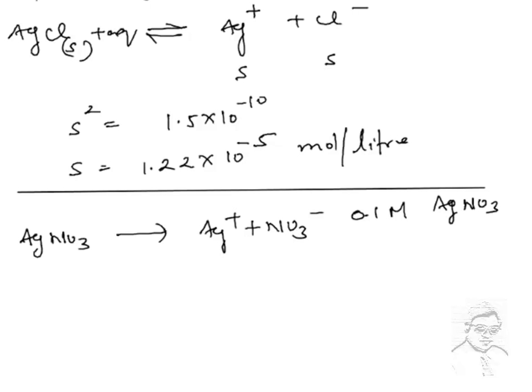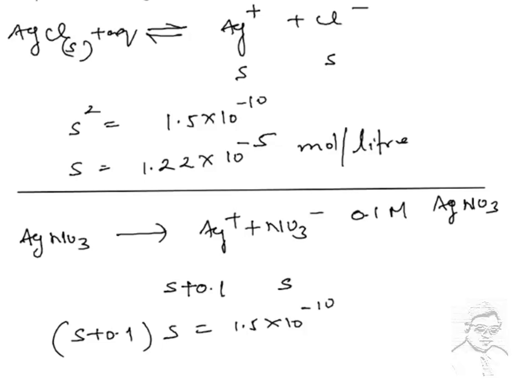If now the solubility is S, it will be S plus 0.1. Solubility product won't change. So S plus 0.1 into S is equal to 1.5 into 10 to the power minus 10.